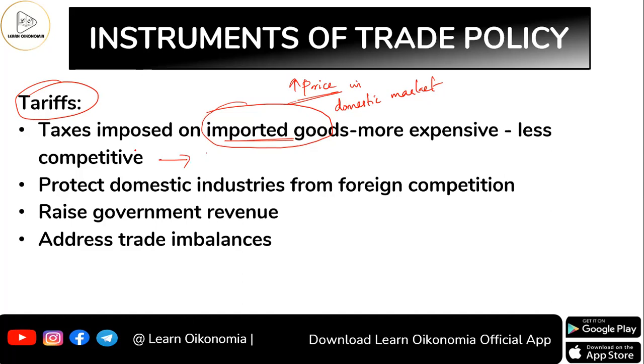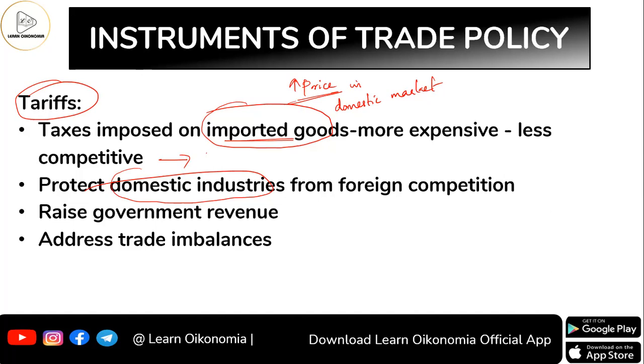This particular commodity is losing its competitive position. Why? Because the price is already high, in most instances people won't be purchasing it. In such a scenario, it becomes less competitive. So what is the implication here? It will thus protect the domestic industries from foreign competition.